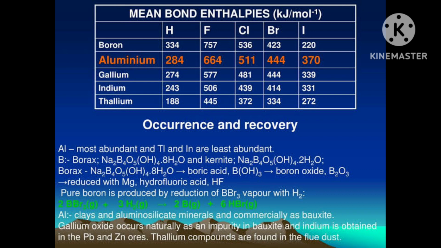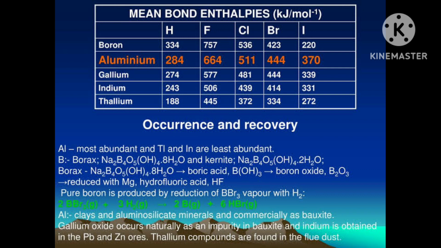Why? This can be understood from the variation in inner core of electronic configuration. The presence of additional 10 d electrons offers only poor screening effect for the outer electrons from the increased nuclear charge in gallium.